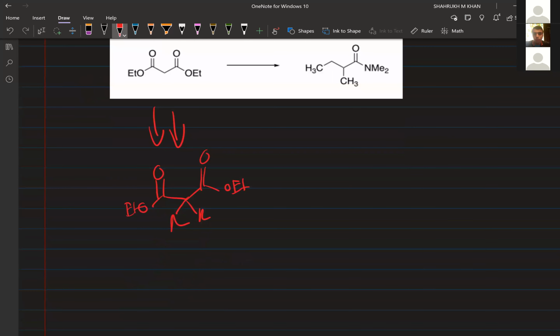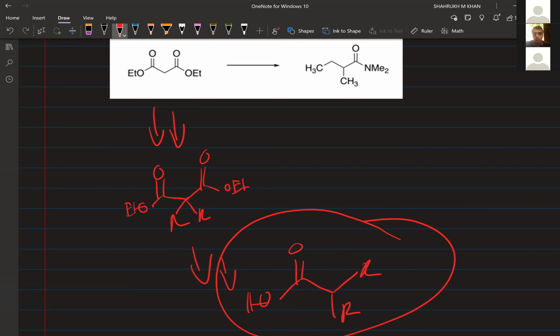Essentially what this turns into is a carboxylic acid with however many R groups. You could have 1, 2. Oh, sorry, it should be alpha substituted, so at this position. This is why this was, and still is, such a useful reaction, because it allows access to this functionalization, alpha substituted carboxylic acids.